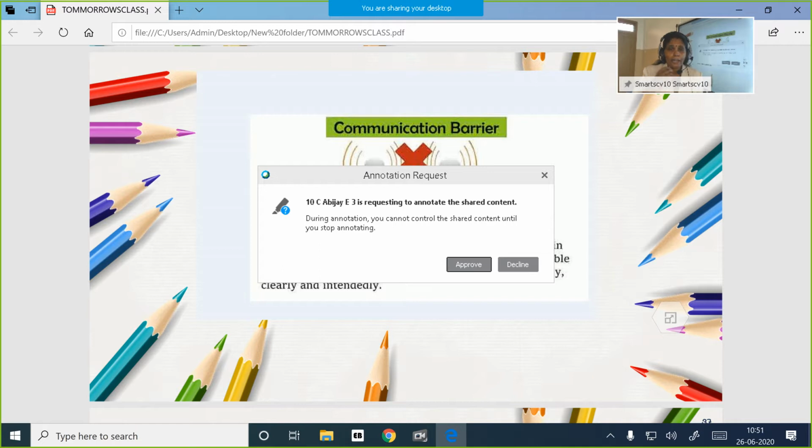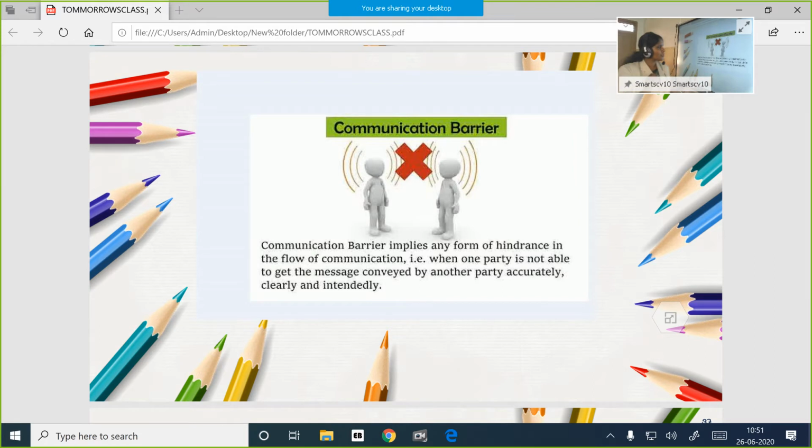Their sound won't be heard in the way they want to deliver. So there is a hindrance, a problem in which they can't communicate with each other. That is called a communication barrier, a hindrance in the flow of communication. If you can't communicate directly to a person, there is a hindrance.